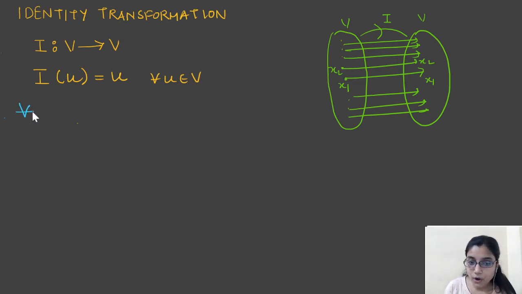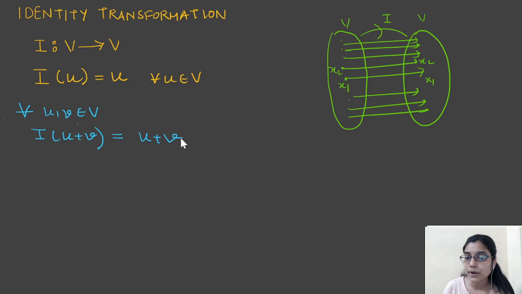So for all u, v which belong to V, I evaluated I of u plus v. As you know, every member is being mapped to itself. Since u and v belong to V and V is a vector space, u plus v will also belong to V, and any member of V maps to itself.